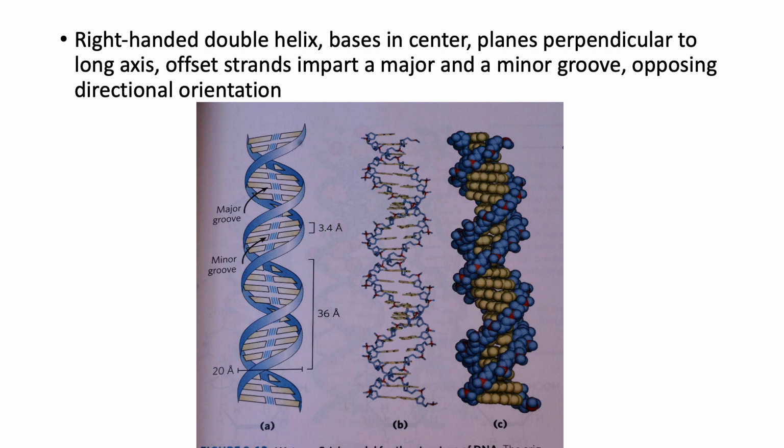So when we look at DNA, we're looking at a right-hand double helix. It is not symmetrical; the base pairings and the coil go in somewhat parallel. So it's not a symmetrical helix like you would see, say, with a double-stranded alpha helix.